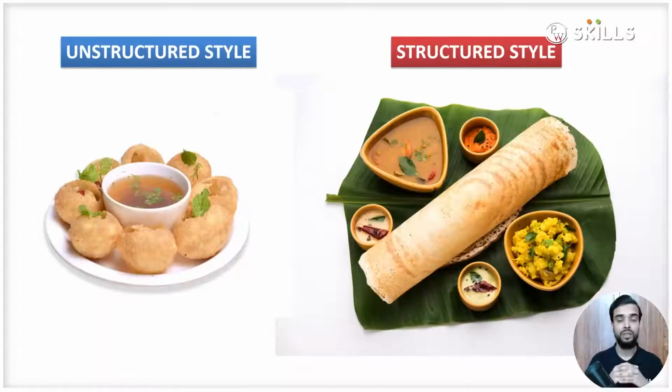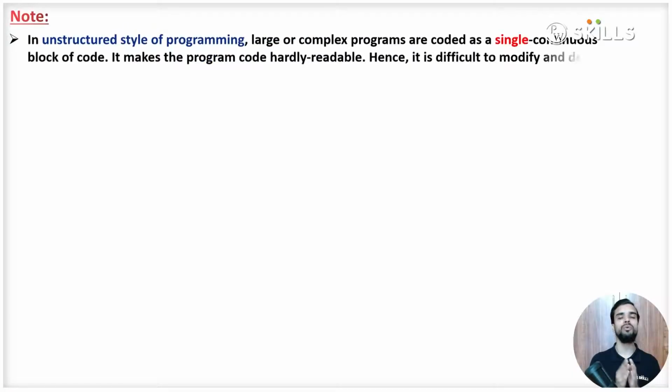Right. Whatever we have been able to understand so far with respect to these two approaches, I would like to jot it down at one place, and list all of the features of these two styles of programming. So please observe, starting with the unstructured style of programming. We know that in this style of programming, the programs are coded as a single block of code.